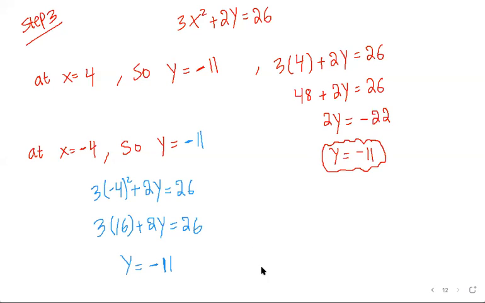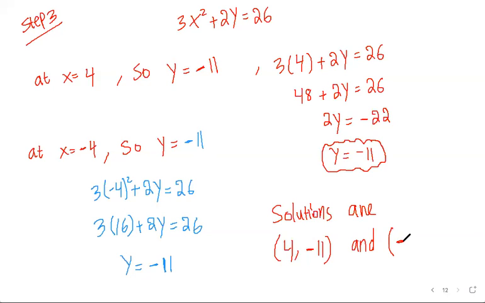So the solutions are 4 and negative 11, and negative 4 and negative 11. Any question?